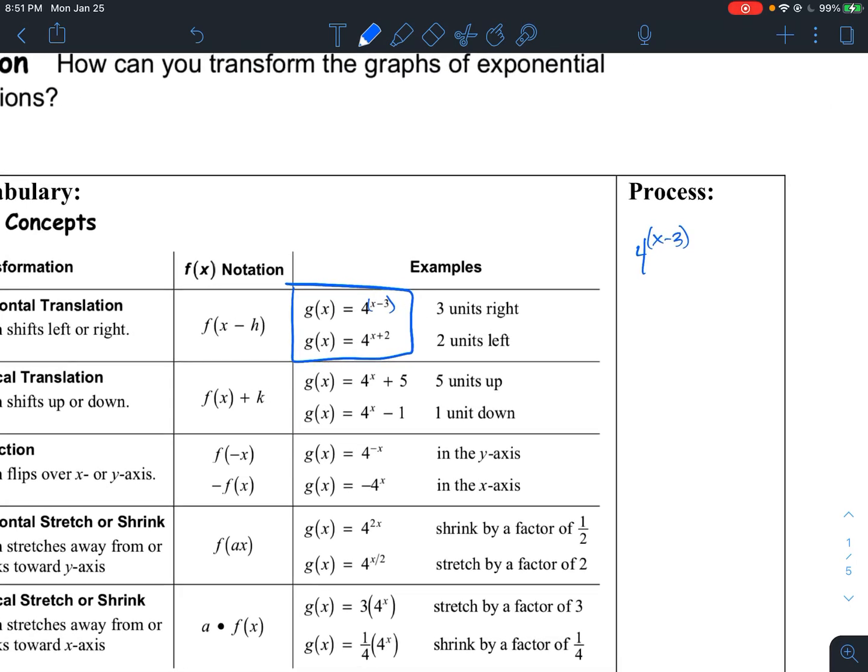So if I have minus 3 inside the exponent, then this is going to be right 3. And if it's 4 raised to the x plus 2, this is just an exponential. It's just going to be left 2. Exponential functions just look like this right here. So you could have exponential growth or exponential decay, like that. Okay?